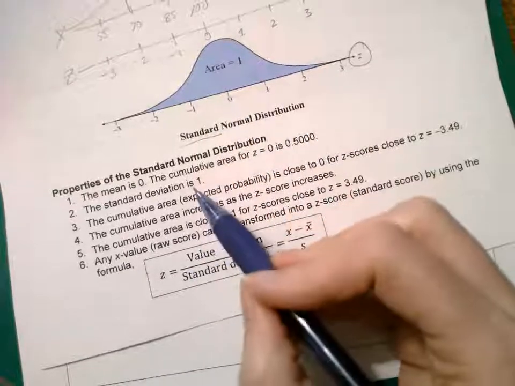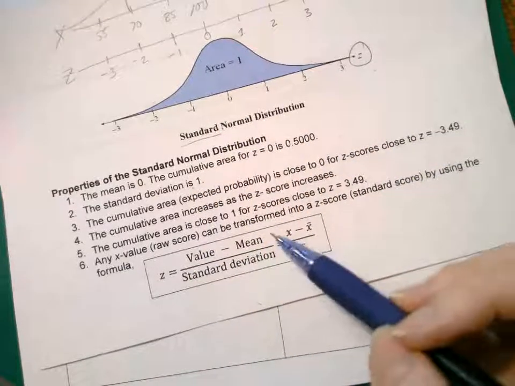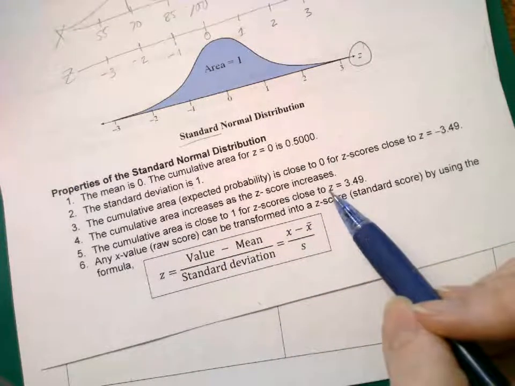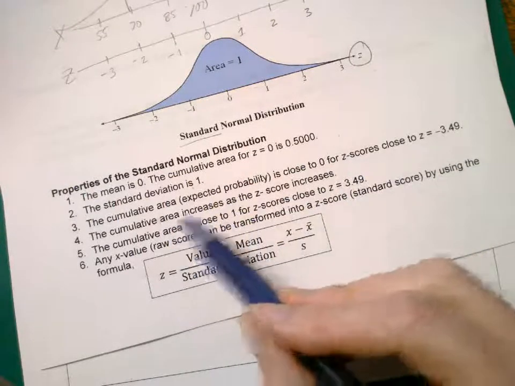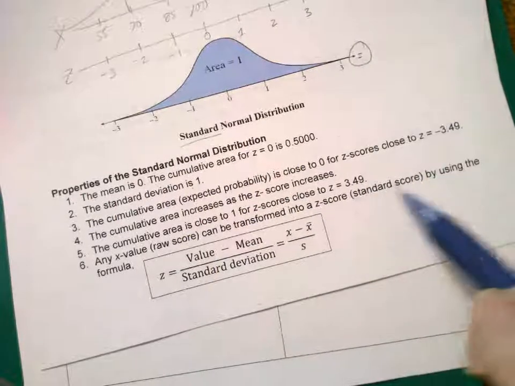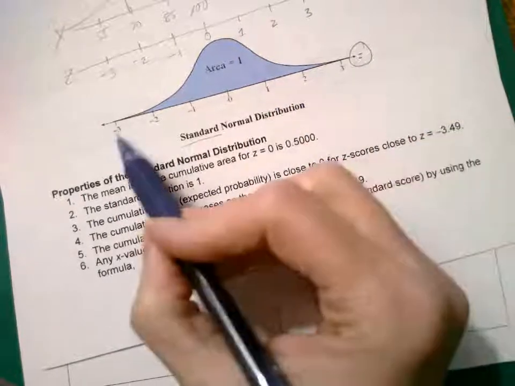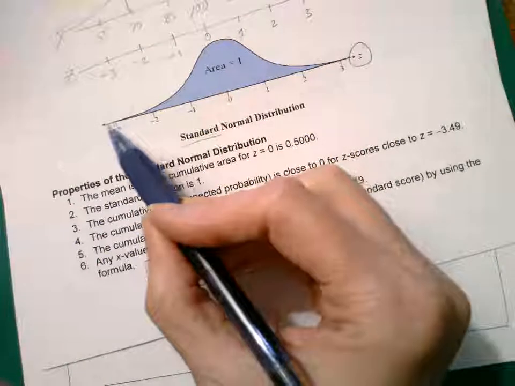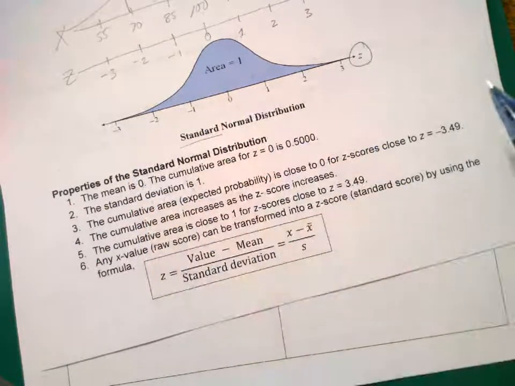The scale is a 1 because it's the whole area. They're saying the probability, or cumulative area, close to positive or negative 3.49 is almost 0, because see how little shading is down there?